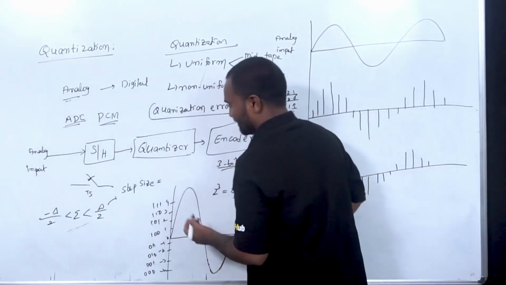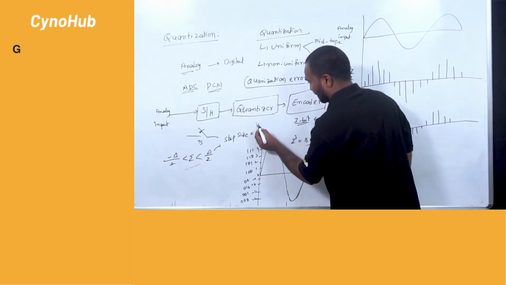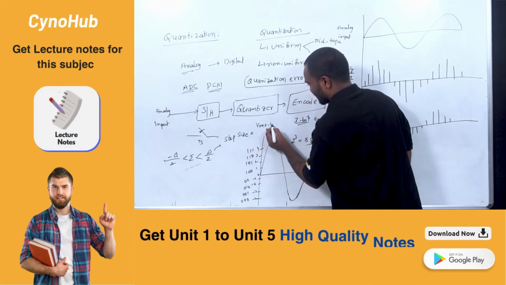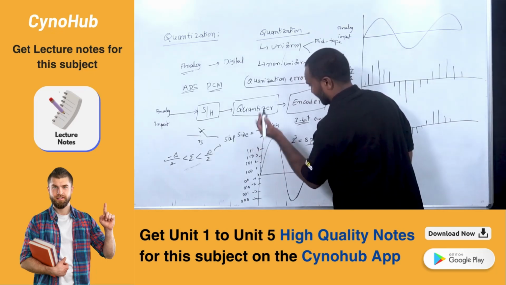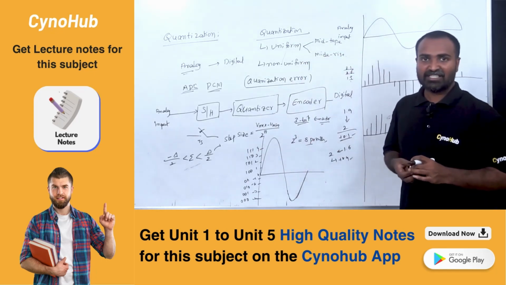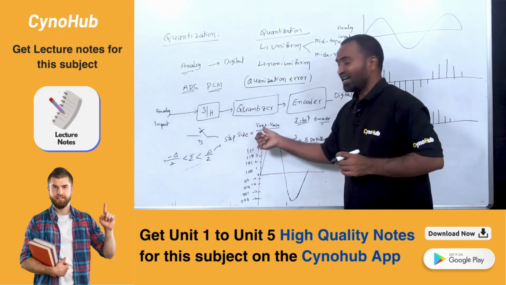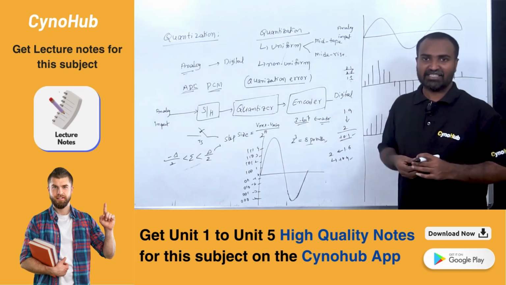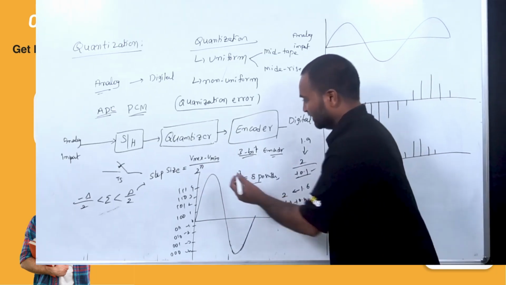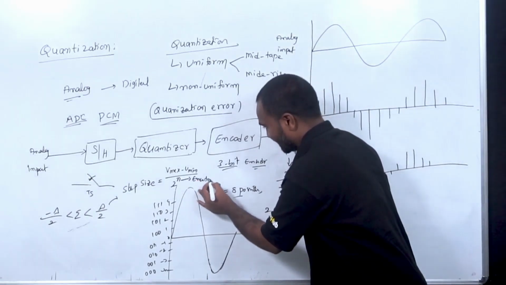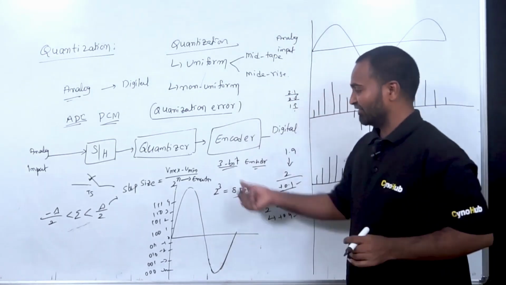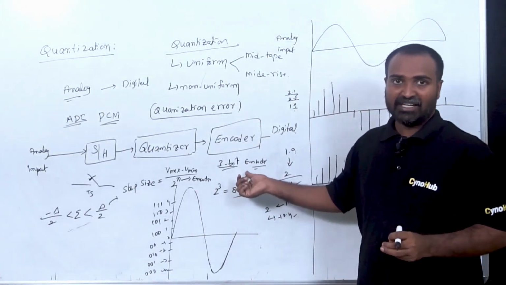Therefore, the step size delta is equal to (Vmax minus Vmin) by 2 power n. Here n indicates the encoder size. In this condition, n is equal to 3 because we consider a 3-bit encoder.